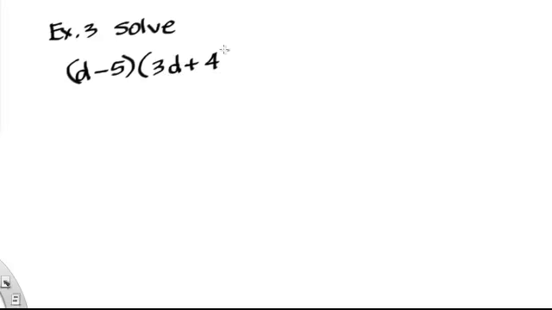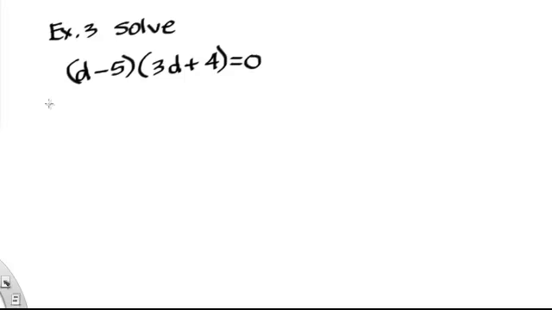Example number 3. We are now asked to solve d minus 5 in parentheses times 3b plus 4 equals 0.